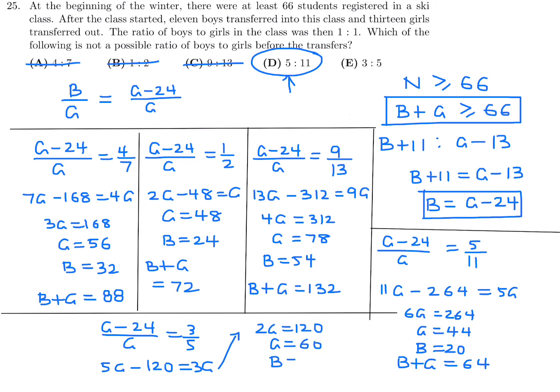And then B would be G minus 24, which makes it 36. B plus G is 96, and that satisfies that equation. So this is also possible. Therefore, in a very complete way, we have arrived at the answer, which is D for number 25.